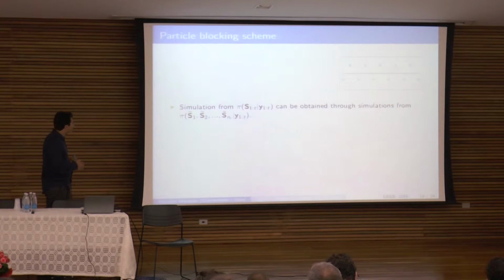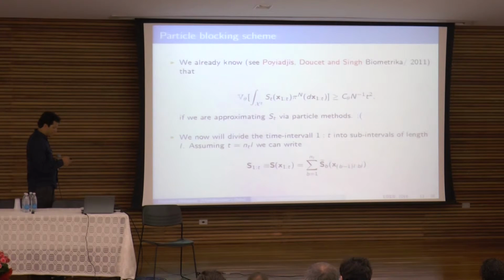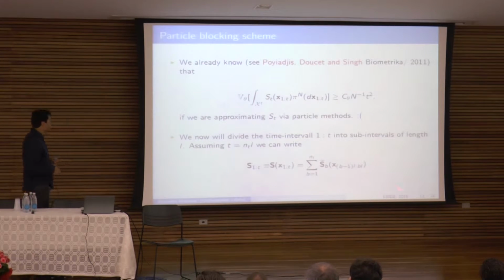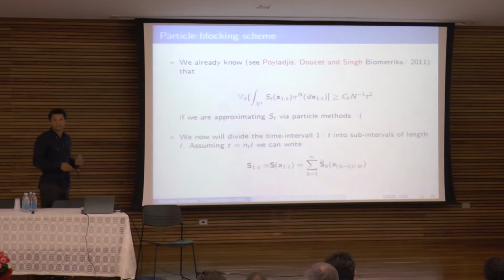If you see here, you have points and you have blocks. I divide the whole time series into blocks. Suppose that you can create some mechanism to compute the functional for each block, then I'm going to add. Let's focus here on the specific case where you have this additive structure.